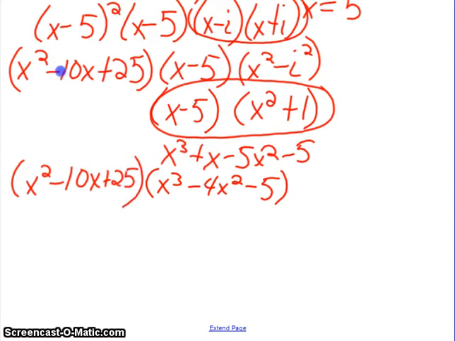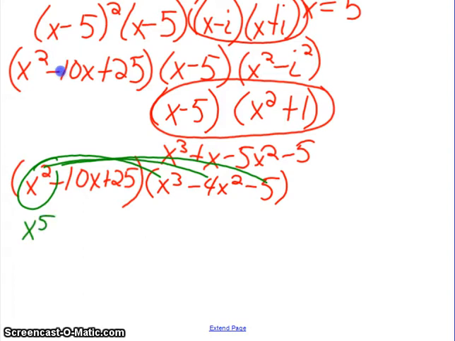All right, I'm going to take x squared, multiply that by each of those terms. So I've got x squared times x to the third is x to the fifth. x squared times negative 4x squared is negative 4x to the fourth. x squared times negative 5 is negative 5x squared.